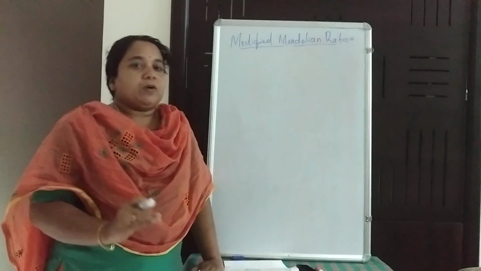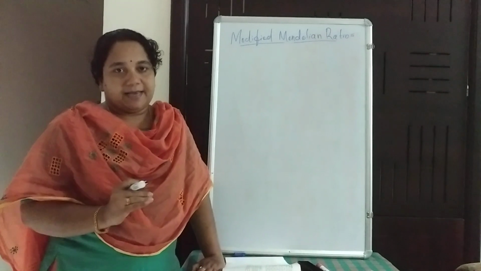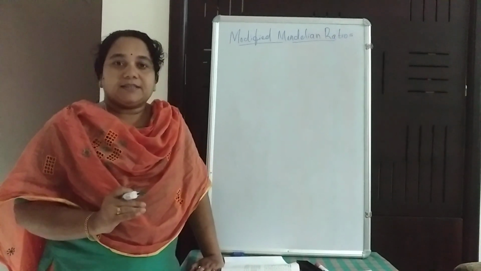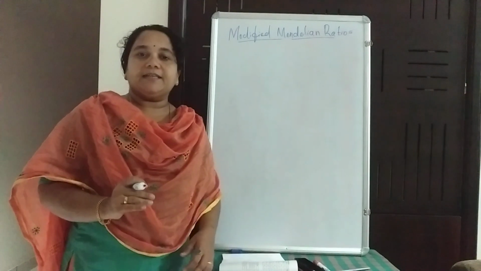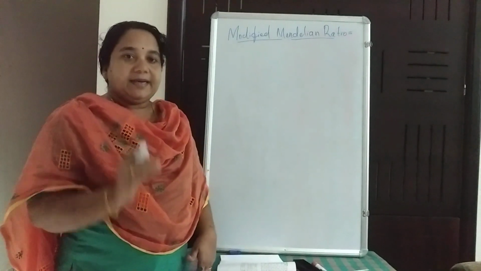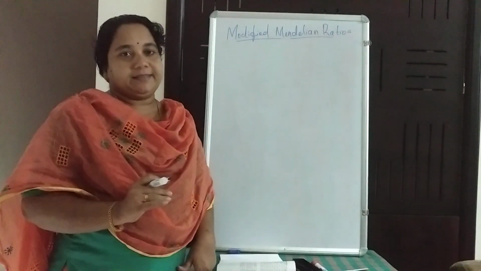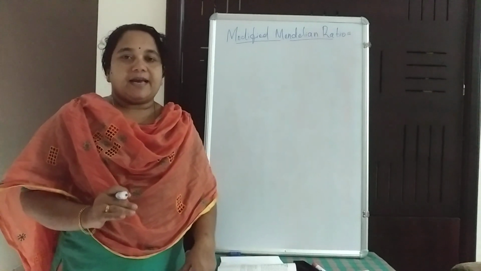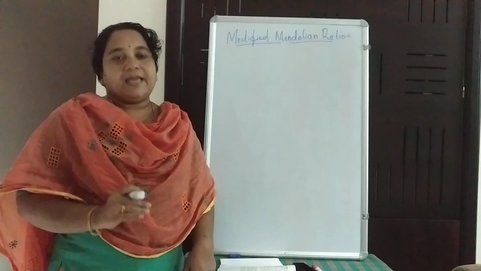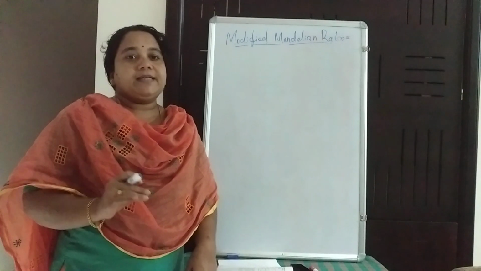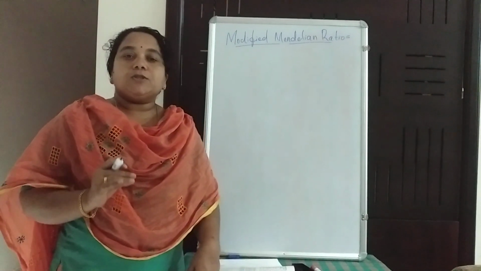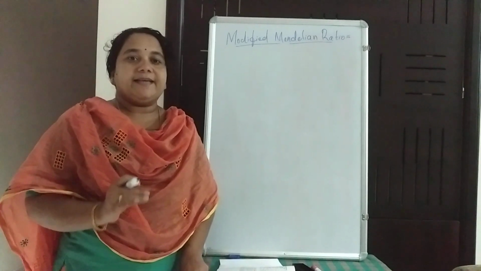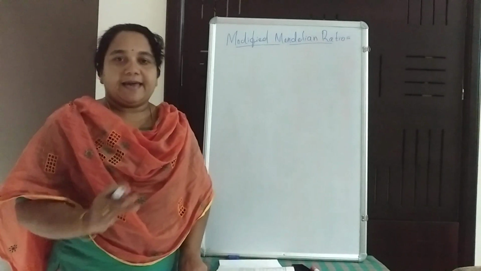In Mendel's work, what we see is that all the characters are controlled by a gene, and that gene has two alleles, a pair of alleles. One is dominant and the other is recessive. The dominant one, whether it is in the homozygous or in the heterozygous state, the presence of this dominant gene expresses the dominant character.